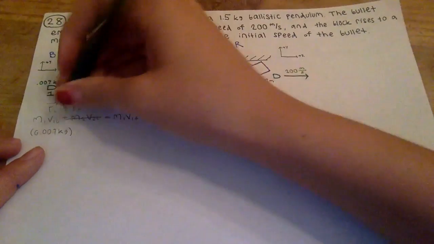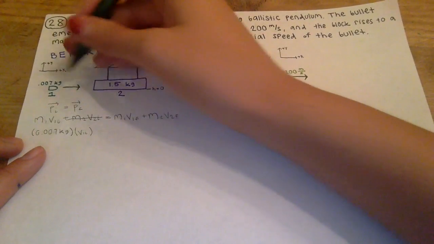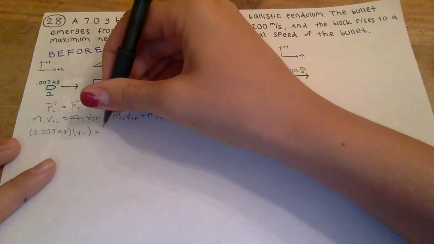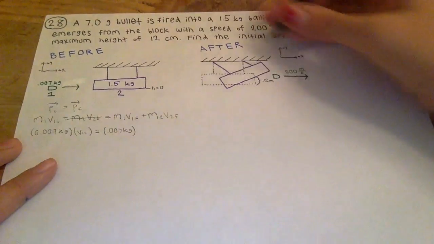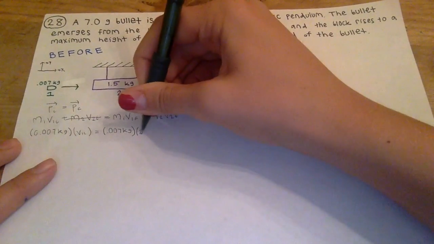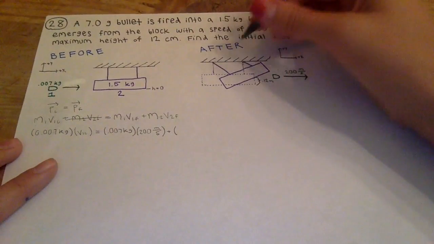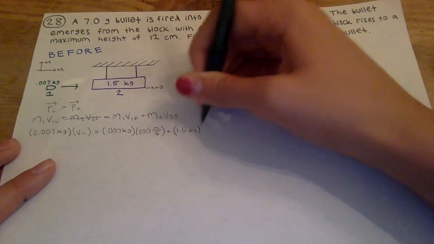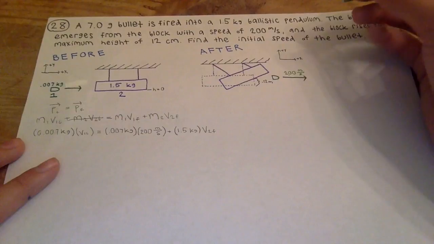Now we just fill in our known values: 0.007 kilograms times the velocity initial of object 1, the bullet, which is what we're trying to find, equals the mass of object 1 times the velocity final, which was given to us, 200 meters per second, plus the mass of object 2, 1.5 kilograms, times the velocity of object 2, which we also don't know.